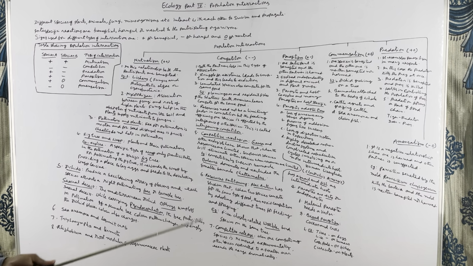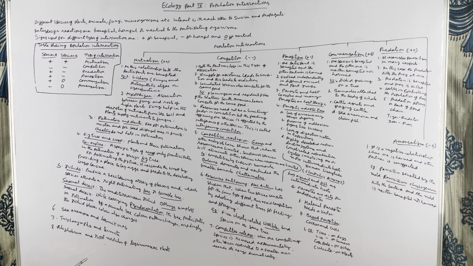Then competitive exclusion. Gause is a famous ecologist. He and other ecologists have shown that when the resources are limited, the superior species will eliminate the other species. So according to Gause and others, the superior species always eliminates the inferior species.